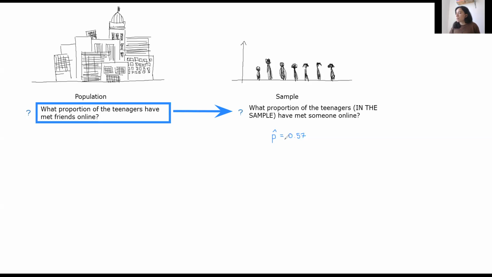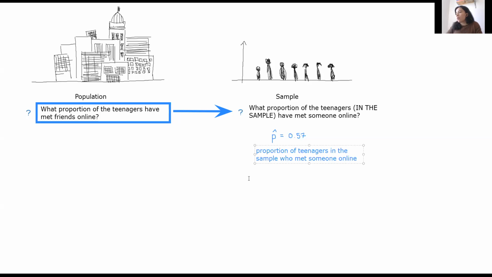And so it's just an estimator of the proportion from the population. Right? So what I have here is the proportion of teenagers in the sample who met someone online. Right? And this is a measure that I can compute based on my sample.